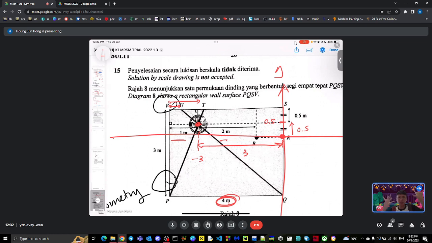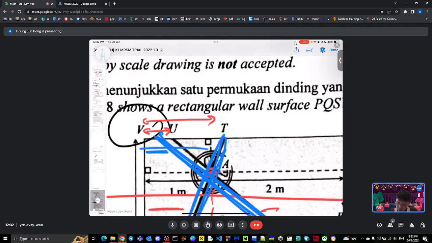The question is set in a way that tries to confuse you, but you know that everything here can be simplified into just a string of coordinates on a Cartesian plane. So just imagine now this is a Cartesian plane. You have two lines, UQ and PT. You have intersection point A, and then you want to find this distance and this distance.